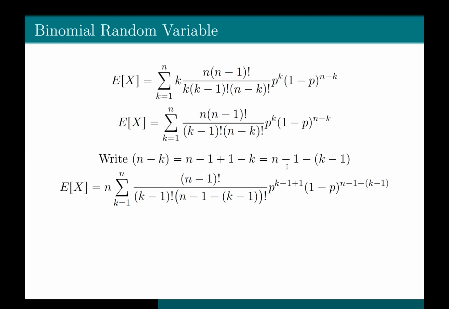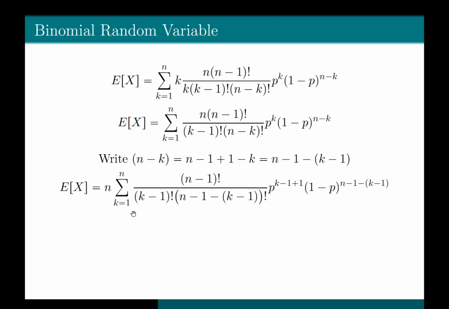Wherever you see n minus k, you just write it as (n minus 1) minus (k minus 1). If you do that and pull this n out of the summation sign, because it does not have any term of k, so there is no point writing n inside the summation sign, this is the expression we will have.